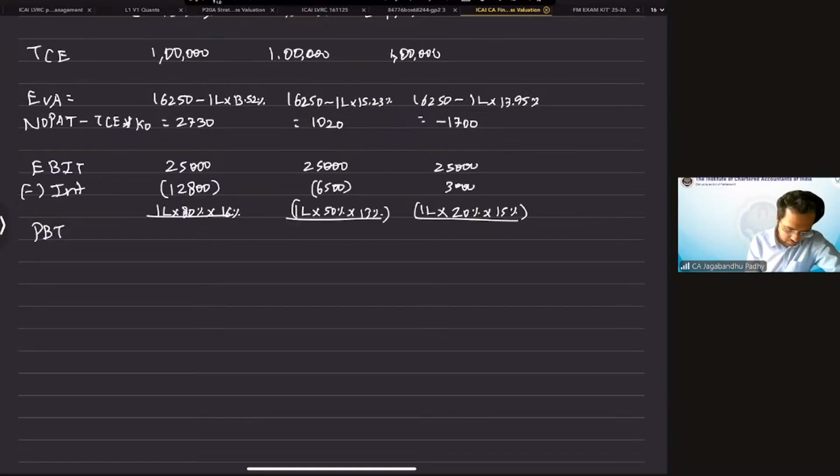25,000 minus 12,800 is 12,200. 25,000 minus 6,500 is 18,500. 25,000 minus 3,000 is 22,000. That's your PBT. From that PBT, you are going to subtract tax, which will give you PAT.